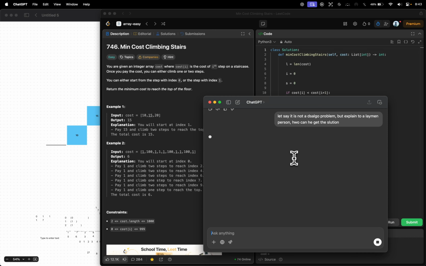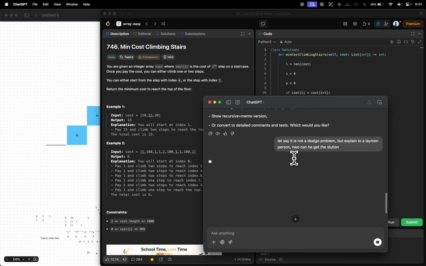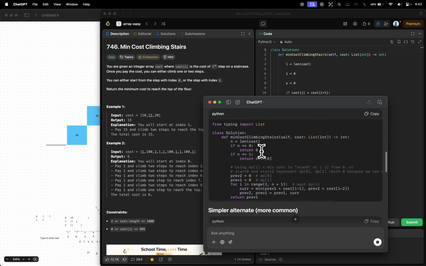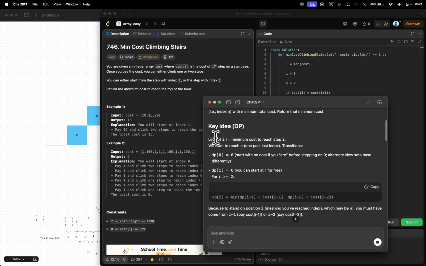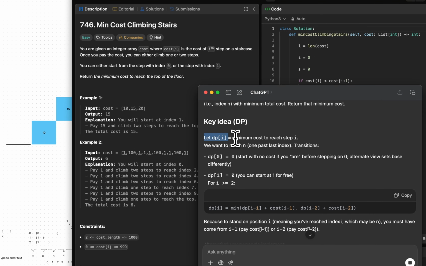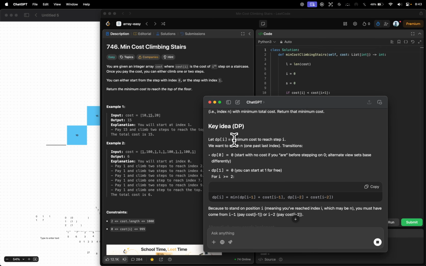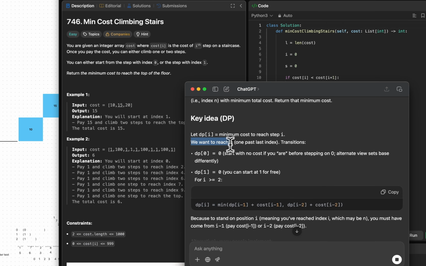Okay, it will take time to think. Meanwhile, it is coming. Key idea is dynamic programming. Let DP be the minimum cost to reach the step i. We want to reach n, one past the last index.